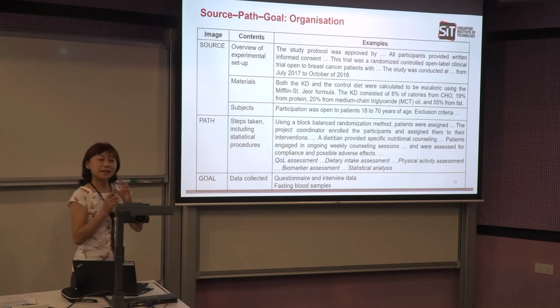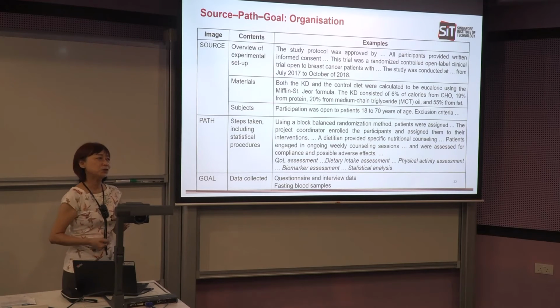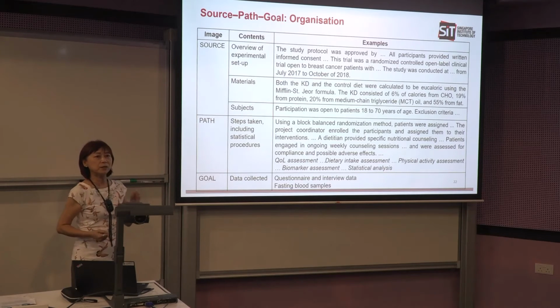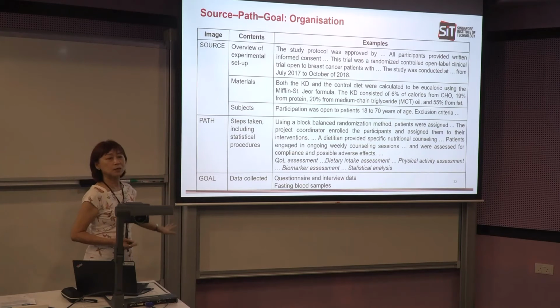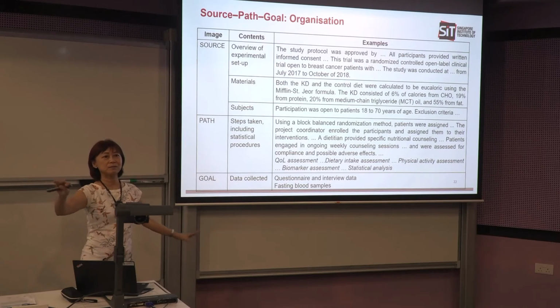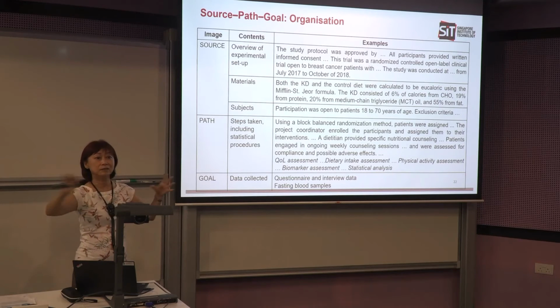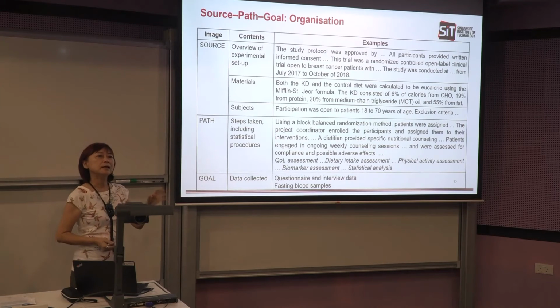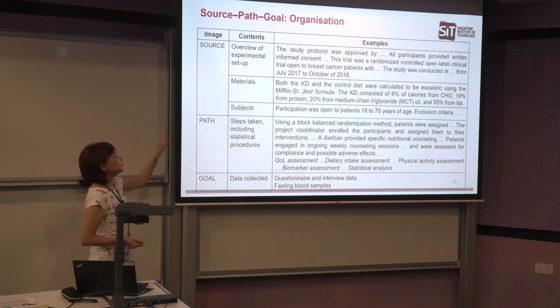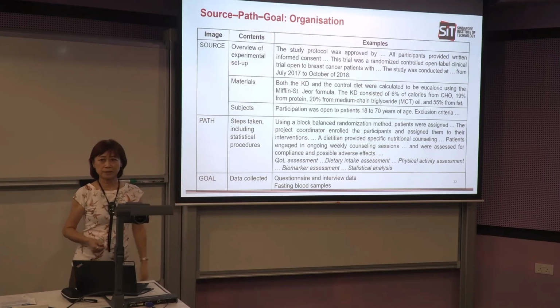The second metaphor that I want to introduce to you is when reading the method section, we can look at this in terms of source, path, and goal, a journey metaphor. Because the methods essentially describes the journey that the researchers took. So the source is like the starting point. Usually in the method section, they will give you an overview of the experimental setup.